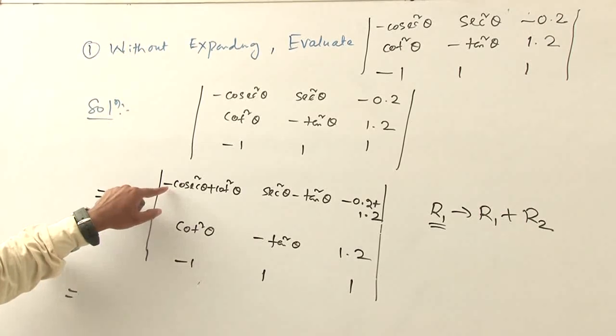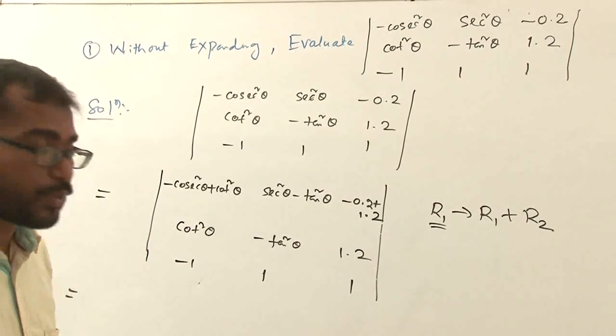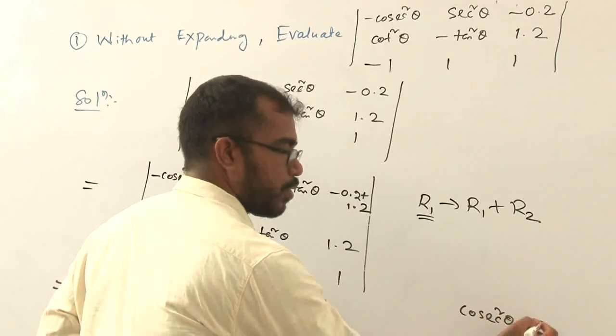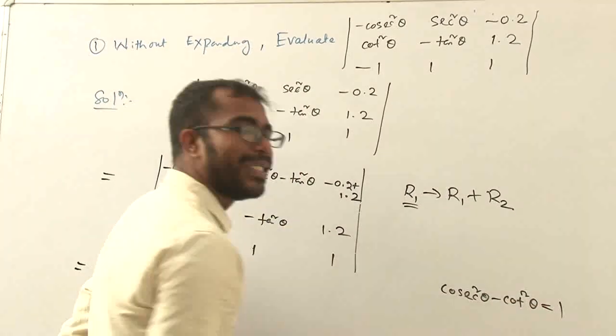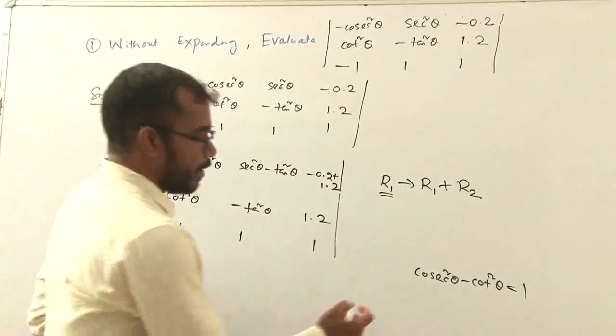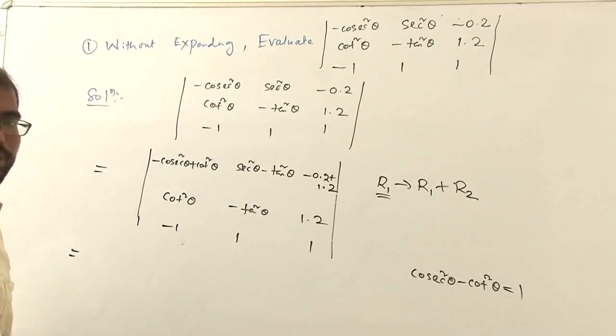Now you can see, as you know from first year trigonometry, the formula relating cosec square and cot square is cosec square theta minus cot square theta equals 1. But here we have minus cosec square theta plus cot square theta.